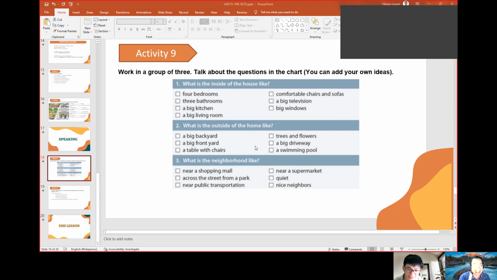Yeah, actually, we're the same, okay? Because I love trees, I love environments, I love nature. So I want my outside home like nature. I want it as a forest.